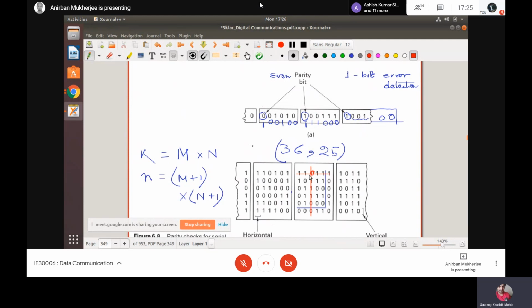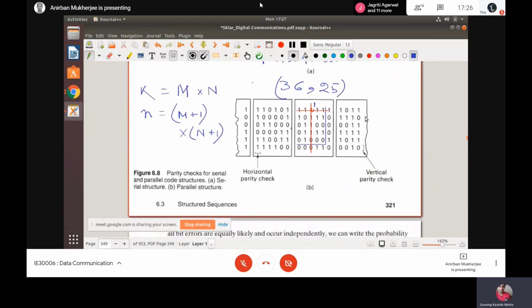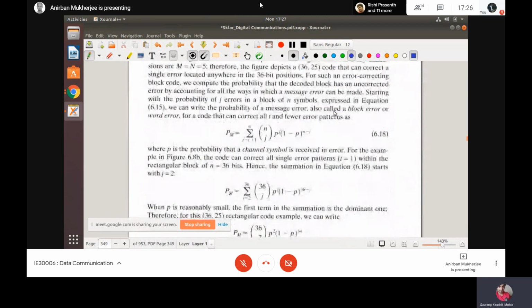What I have received is 0, but it should not be 0, it should be 1. And if I put 1, the rest of the things are matched. So that means it has some 1-bit error correction capability.